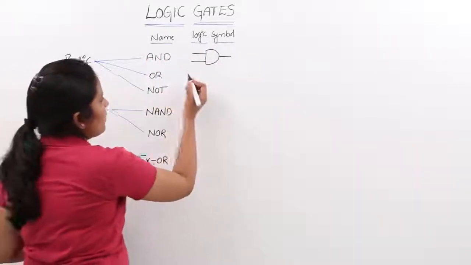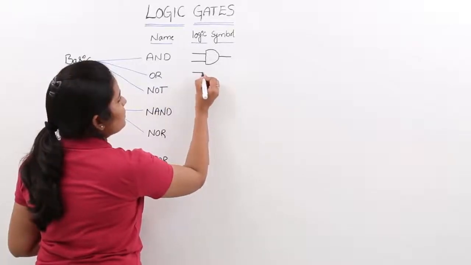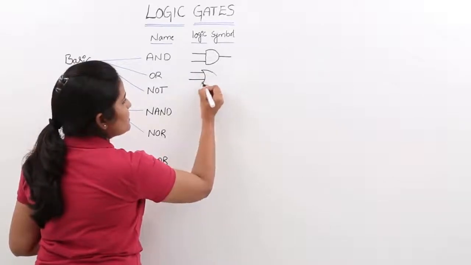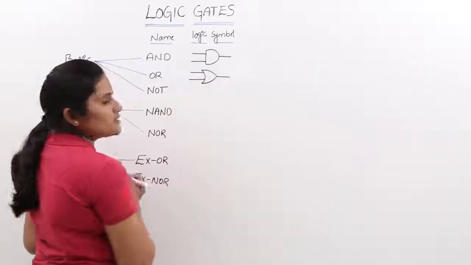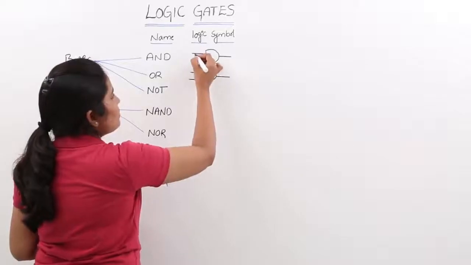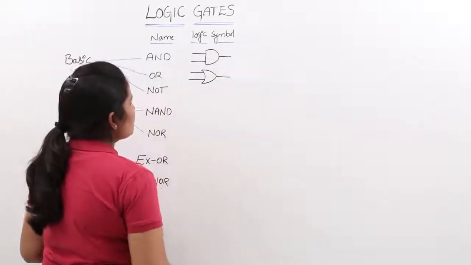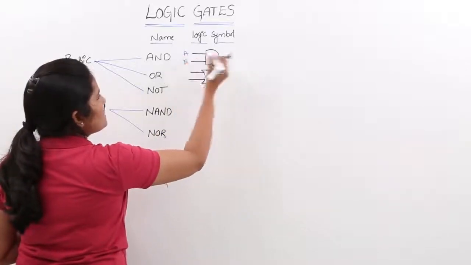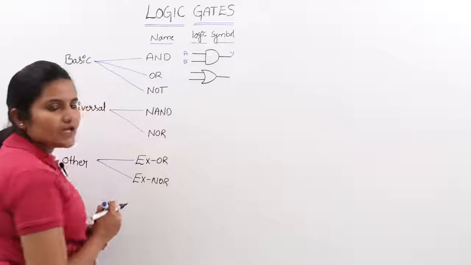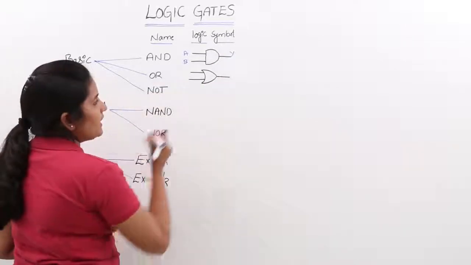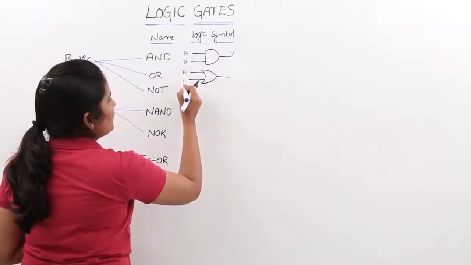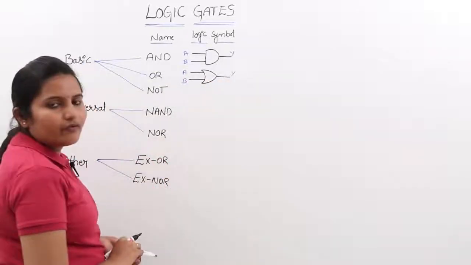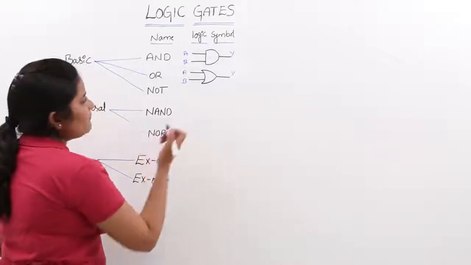Now we go to the logic symbol for the OR gate. For the OR gate the logic symbol may be like this. Here these 2 are inputs, you can call them A and B, and this is output Y. Similarly, we have the logic symbol for the NOT gate.